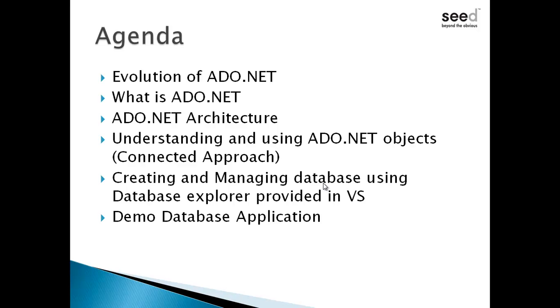In this session, we are going to cover the following things. First, we'll start with the evolution of ADO.NET. Then we'll see what exactly ADO.NET is, and we'll have a look at the ADO.NET architecture.